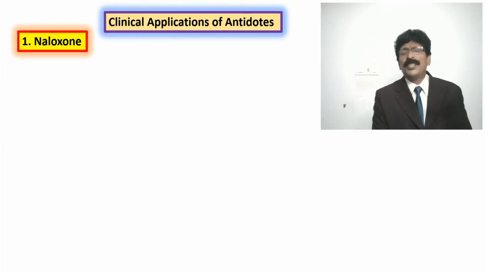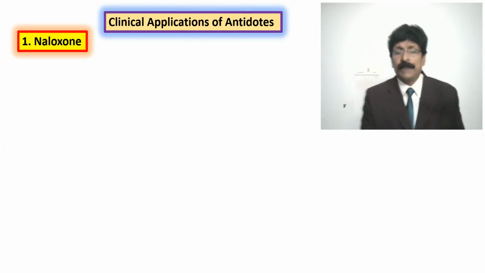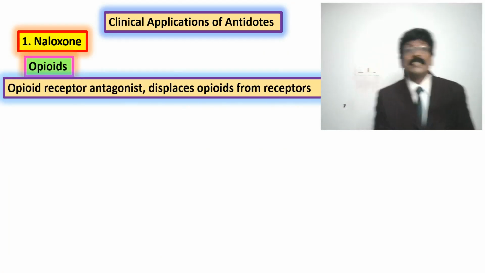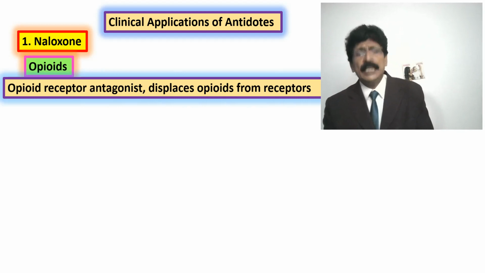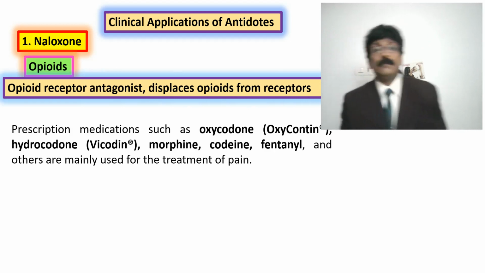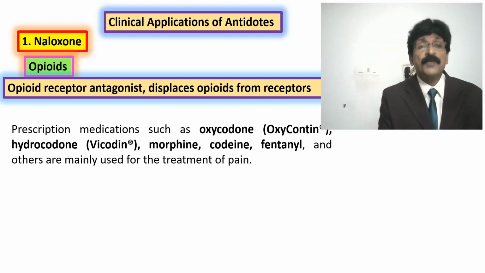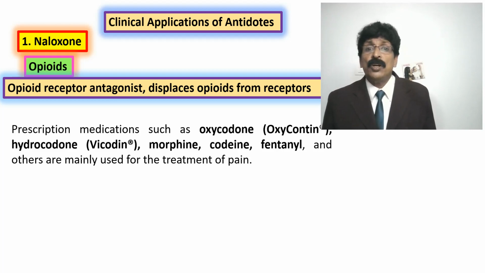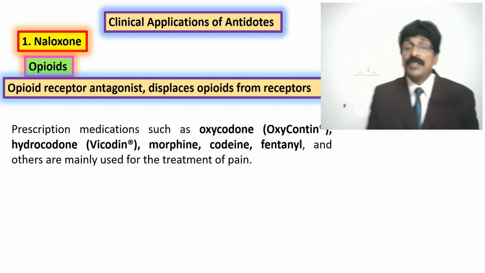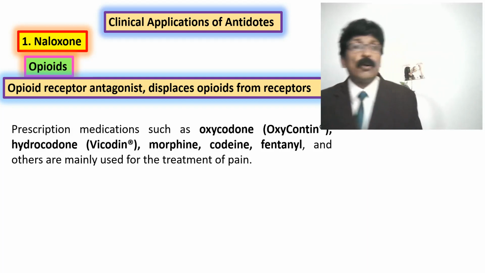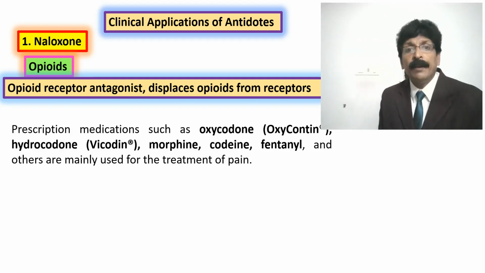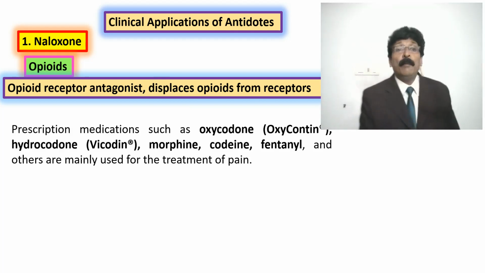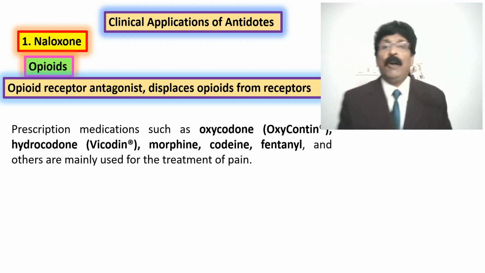Individually, I have explained some of them with their adverse actions. Naloxone is for opioid poisoning. It is an opioid receptor antagonist that displaces opioid from the receptors. Prescription medications may be taken in overdose, such as oxycodone, OxyContin, hydrocodone, Vicodin, morphine, codeine, fentanyl, and others used for the treatment of pain.